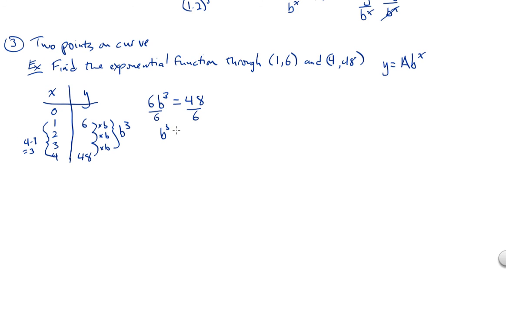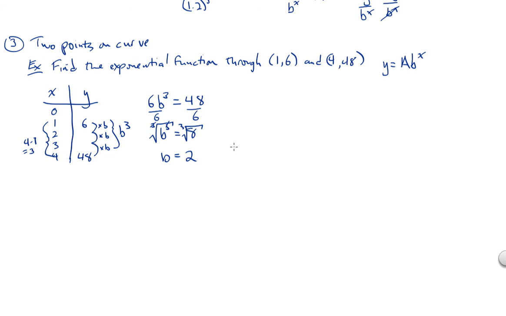And you get b to the third power is 48 divided by 6, which is 8. Now, to solve this, you want to get rid of that power of 3. So you do the inverse function, which is the cube root. Just do that on both sides. That means those kill each other off, and you just get b equals the cube root of 8. The cube root of 8 is 2.